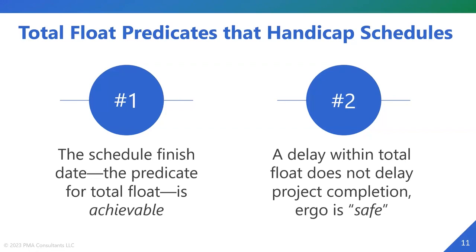You might start from that scheduled finish date, you might push it back a little bit later or earlier. But the bottom line is that date, why would you believe in total float if you didn't believe that the date was achievable, right? The second predicate is that a delay within total float will not extend the project.